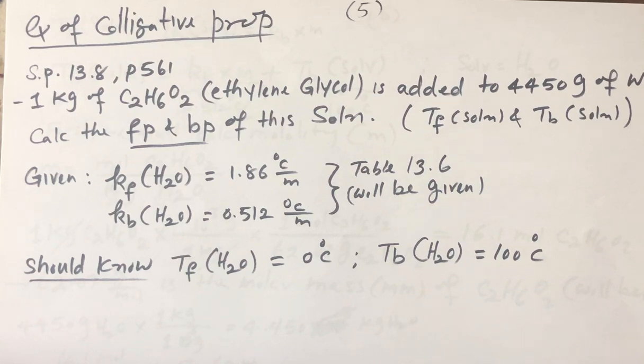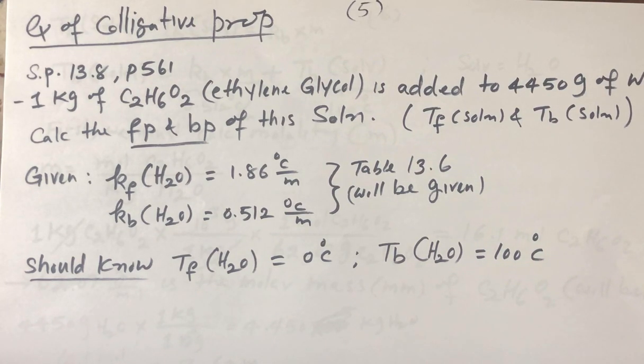Basically, this is a problem that describes the addition of 1 kilogram of ethylene glycol, which is the main component in the antifreeze of your car, being added to 4,450 grams of water.